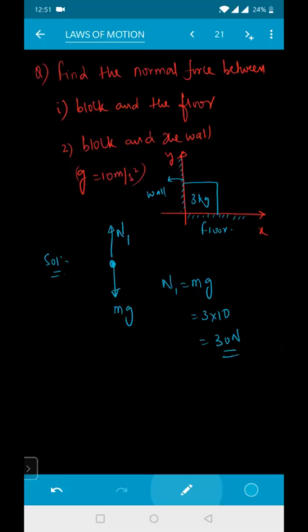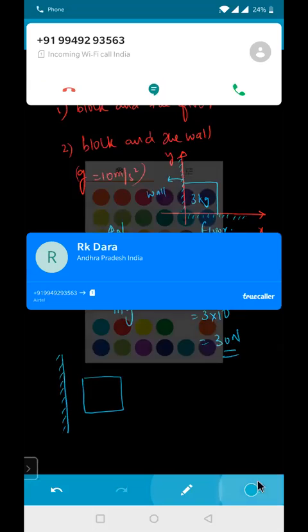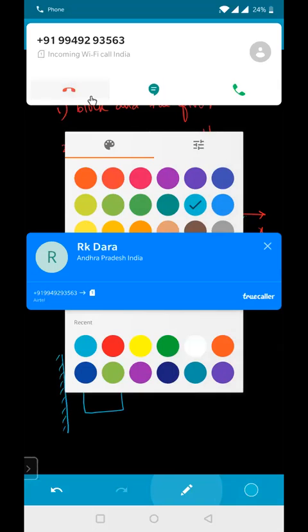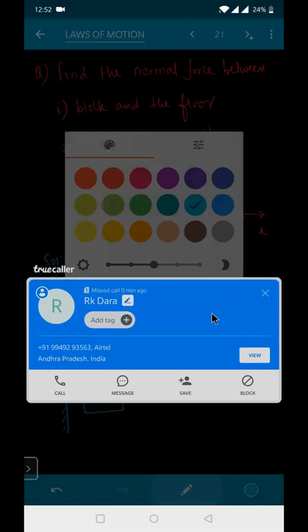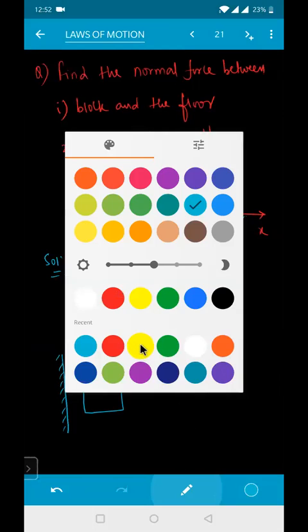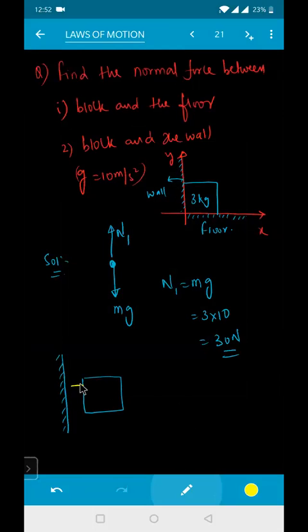Same. How much will it be? Is this block moving in the horizontal direction? Now see, if I am taking this one right now, this is your block and this is your wall. This wall will exert some force on this one.